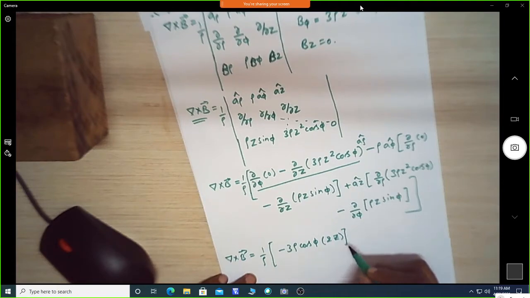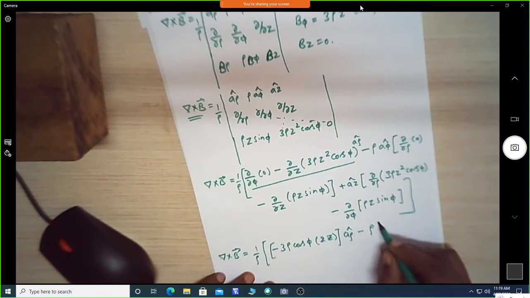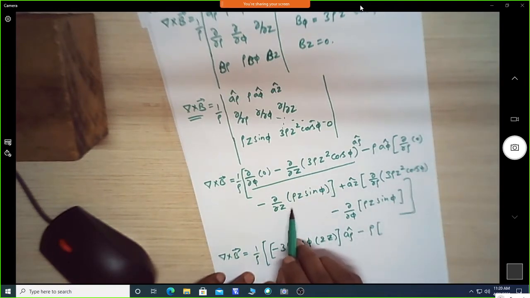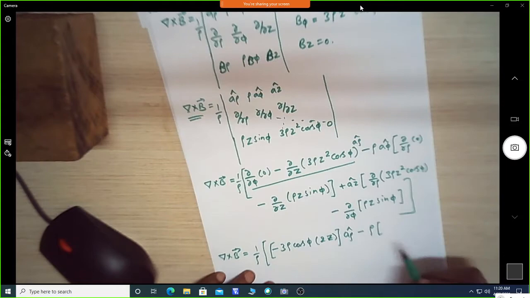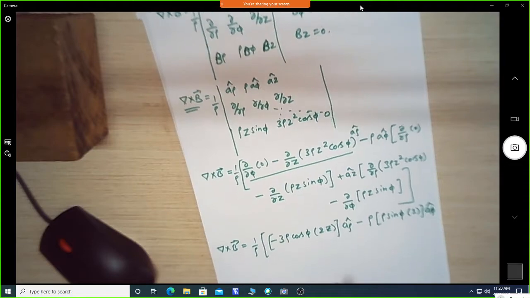So this is in the direction of rho. Then minus rho into, this will again be 0, and with respect to z, rho sin phi is constant, so differentiating z gives 1. So this is in the phi direction.